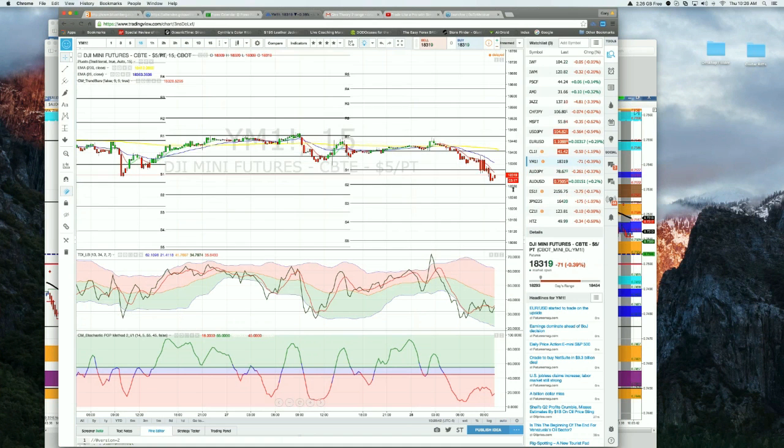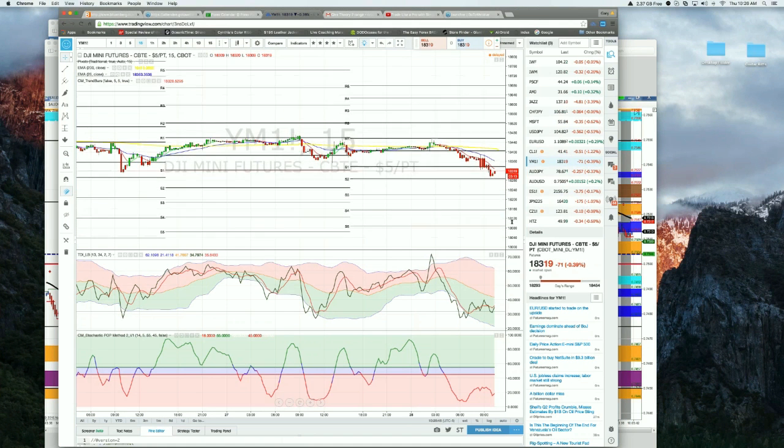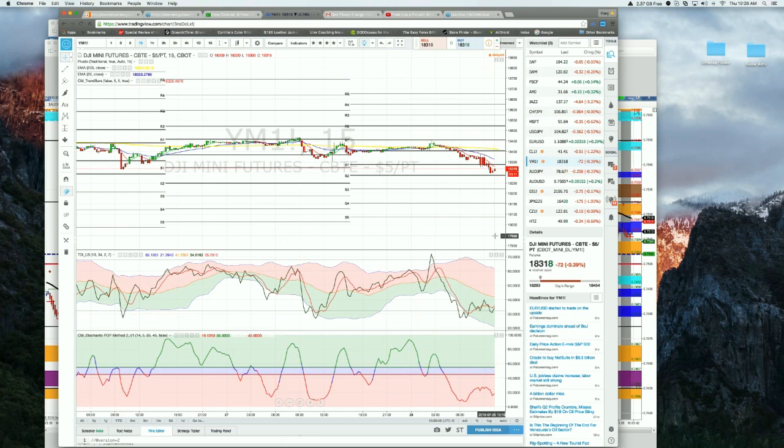So if we were to take the Dow, we can start at 18,000 because that's a round number. The next 1,000 points below that would be 17, 16, 15, et cetera, and then moving up. So to take the YM, we can draw a red line right here.